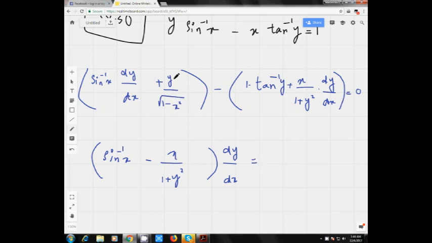And you may have to shift these two quantities towards the other side of equality, and you may find minus tan inverse y. When it goes to the other side, it becomes plus tan inverse y, and minus y divided by square root of 1 minus x square.